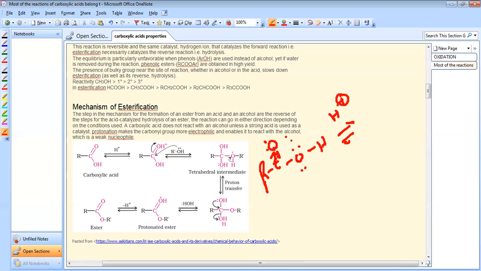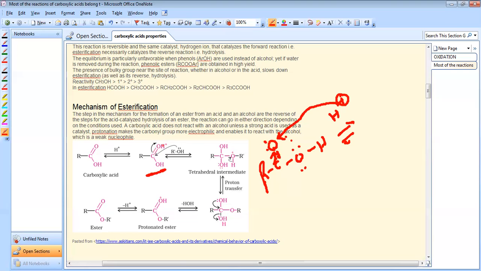So that's why this H plus ion attacks this oxygen, and thereby we get the protonated species. Here the positive charge should be shown on the oxygen, not on the hydrogen atom.